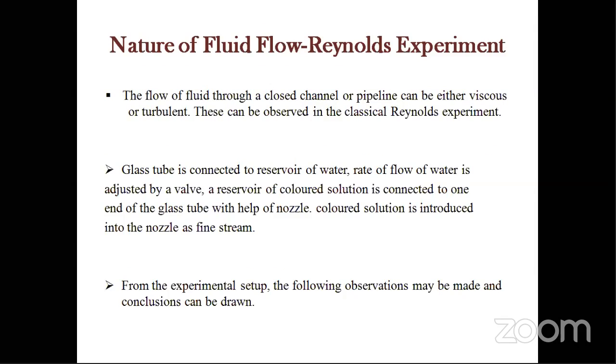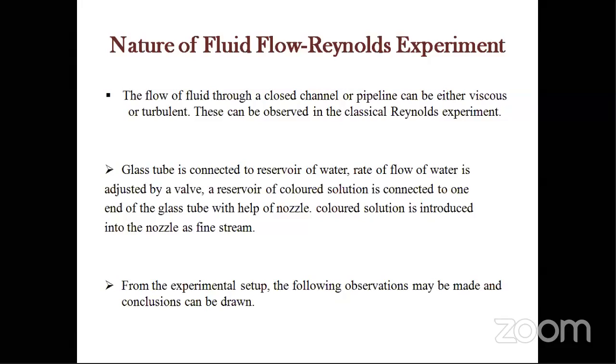Now, the most important thing in your syllabus is the flow of fluids. When fluid flows, it depends on two or three parameters. The first one is pressure, which was calculated in the previous classes. Now we are going to look at what type of flow is going on with the fluids.